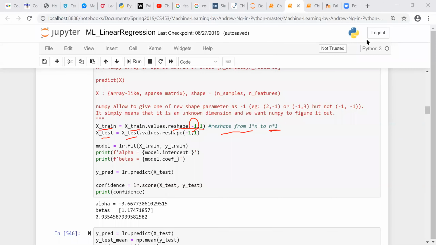The negative one means any number. It's purely based on the other dimension, and whatever remains goes to this, based on the multiplication. If you set this as 2, then it's going to be n divided by 2, n by 2. That's the dimension. And if you have 3, then the dimension is going to be n by 3. So that's what the -1 means.